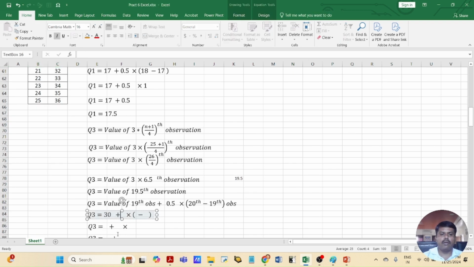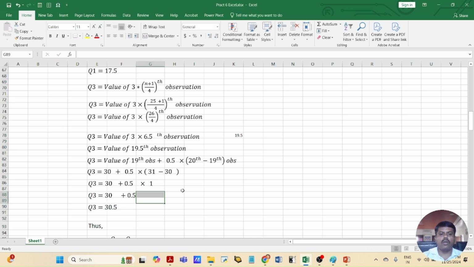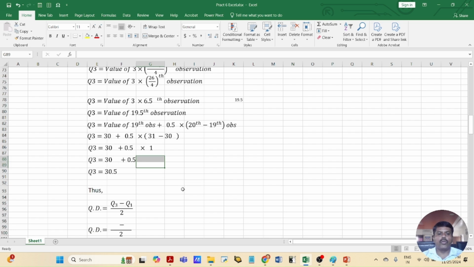Right, here 30 plus 0.5 into next observation 31 minus current one 30. Then simplify this, 30 plus 0.5 and subtraction is 1 here. So here we get 30 plus 0.5, that is 30.5. So in this way we found third quartile Q3.